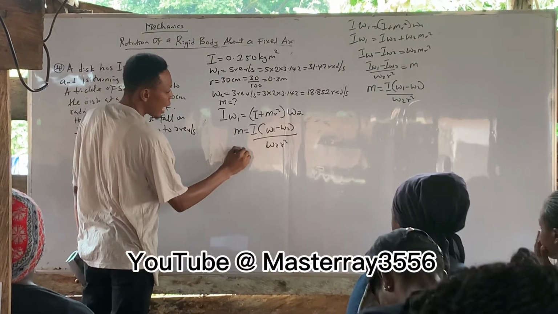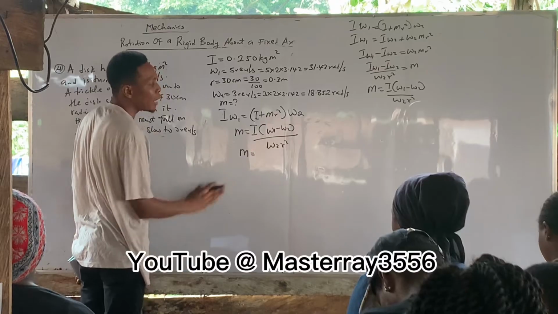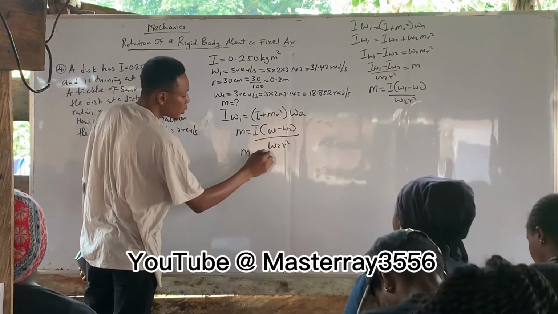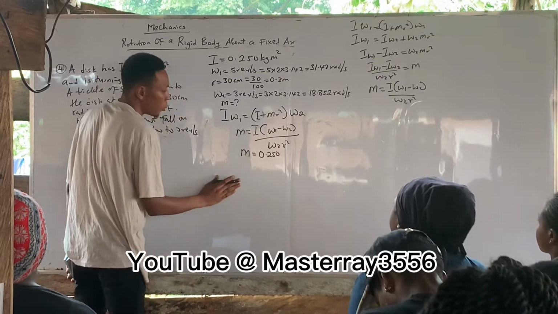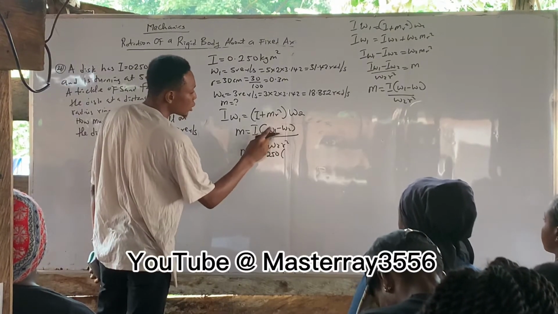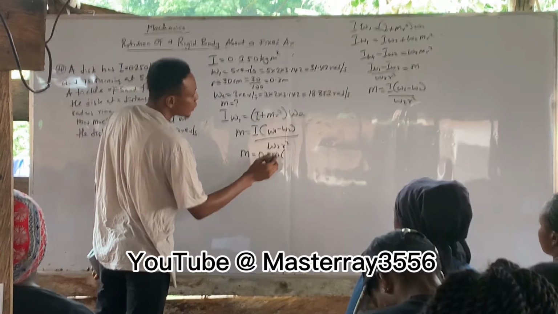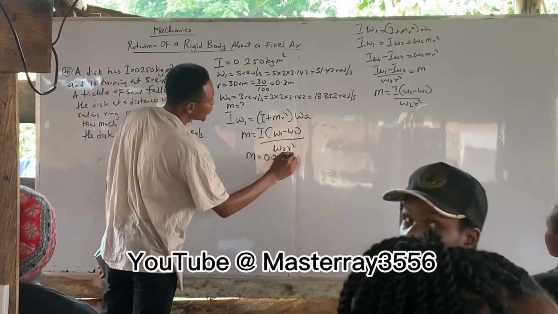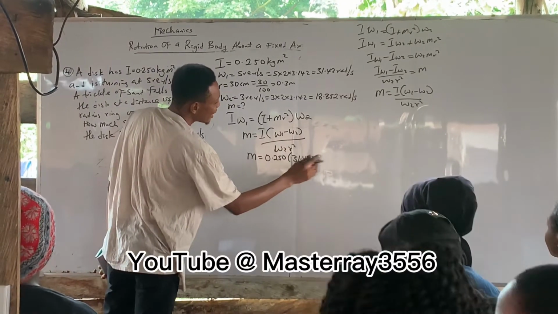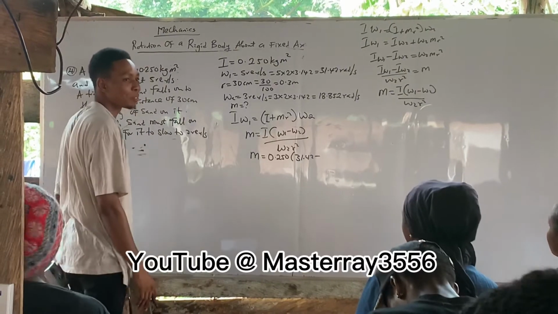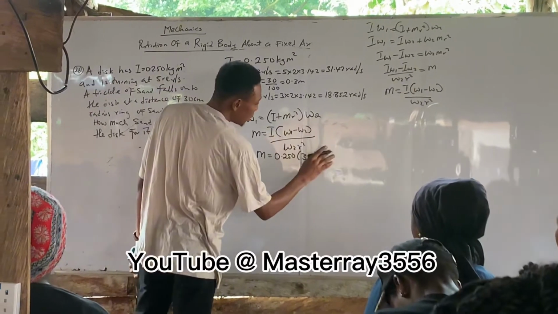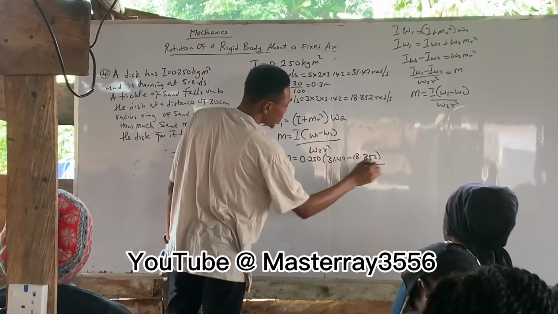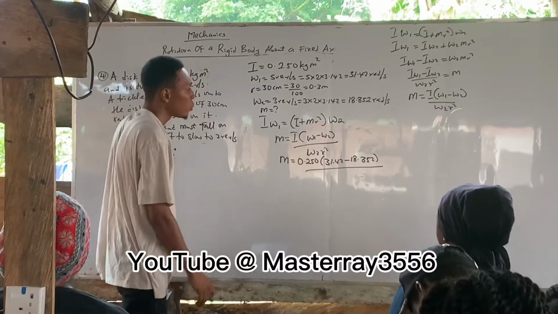So from there, our M will be equal to I, what's I? 0.250. Bracket, what's W1? 31.42. What's W2? 18.852.